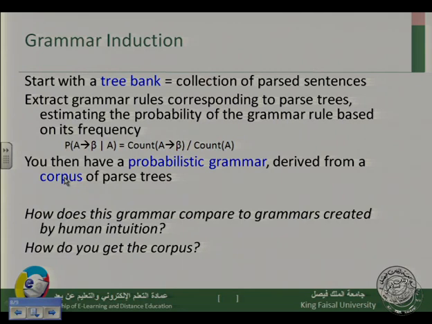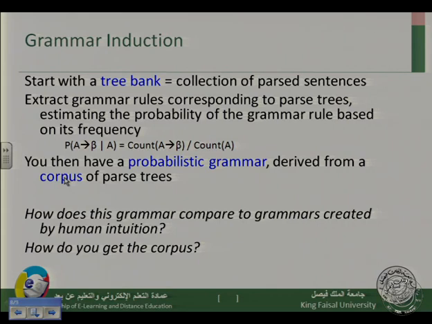So after you have a tree bank, try to extract all the grammar rules in these tree banks. You feed them into your computer according to their frequency and how probable they can occur. Very sophisticated and complicated, it needs more knowledge about computer science.